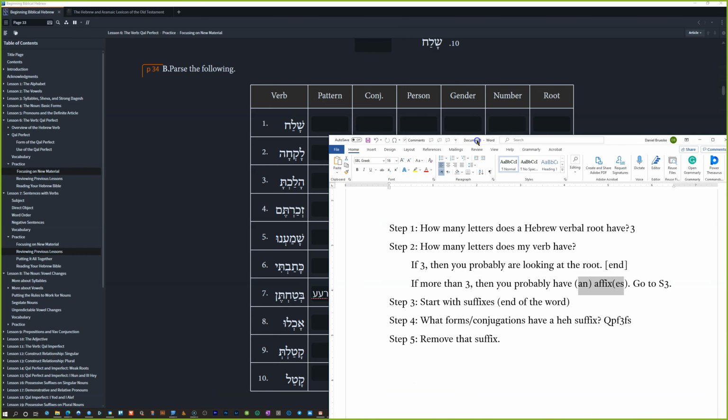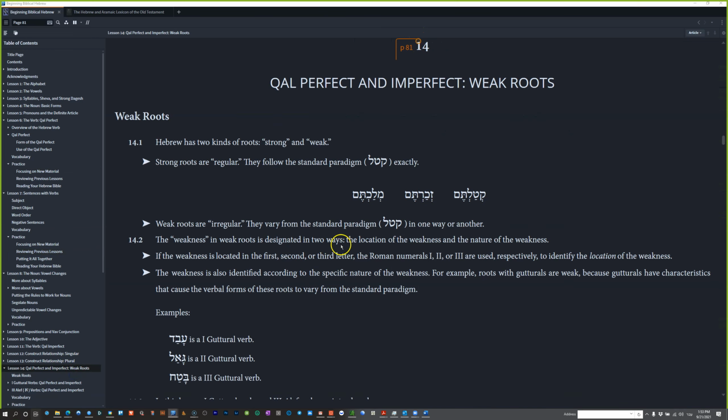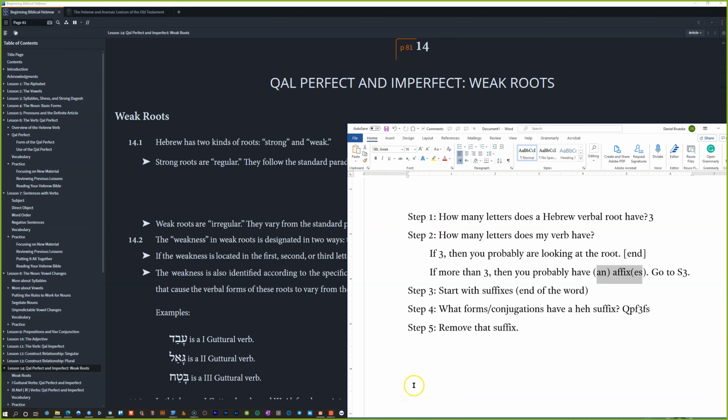So a lot of these you're going to probably, after a little bit of practice, recognize immediately. You're not going to have to go through all these steps. But I'm sharing these steps with you now because when we get to weak verbs, these are the irregular verbs, we're going to add some steps to this process.